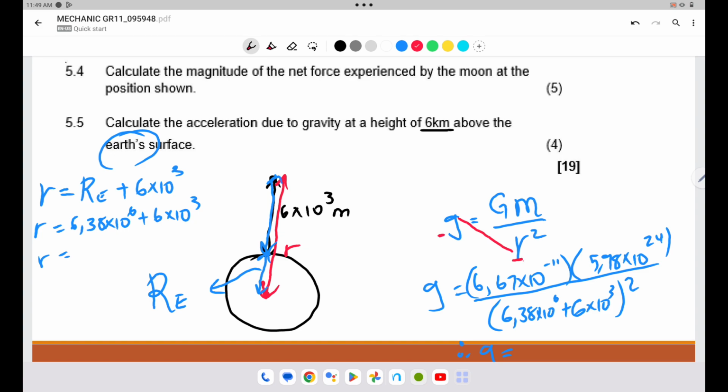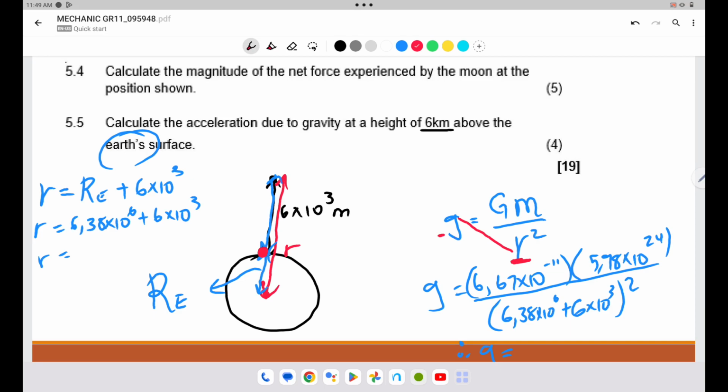If r is large, g will be small, because we have increased r. Remember when we started with the previous example, the point of interest was here, so r was the radius of earth. Now we are adding something else, so it means that r is now large. We expect gravitational acceleration to be less than 9.8. So let us see if that is indeed true.